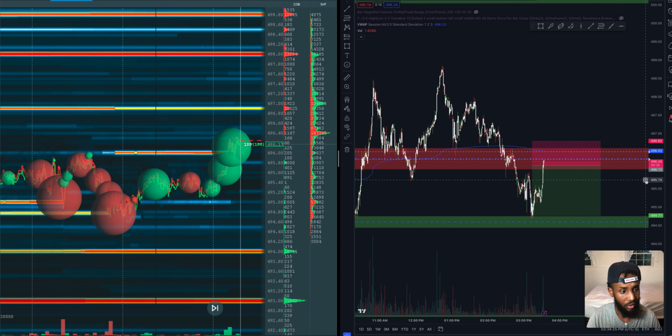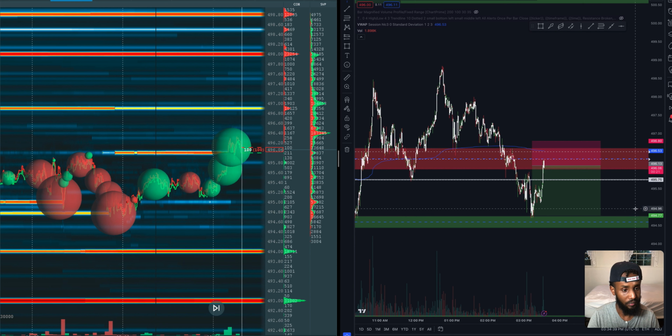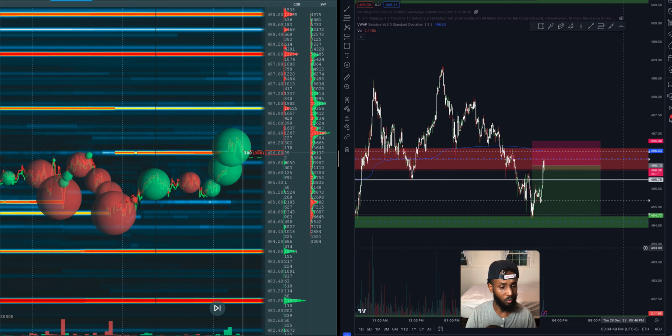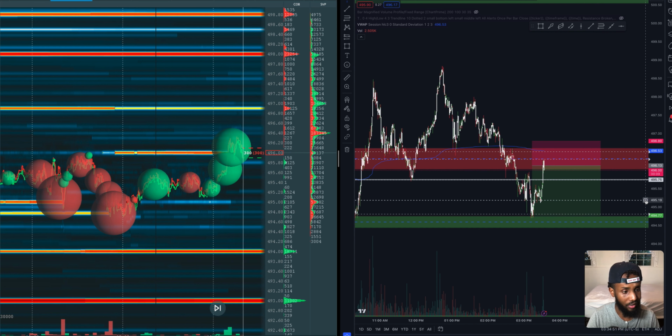There's a few areas I will jot down. We have this area that just worked as a support in the past. We have this area, and then the bottom of the trend, obviously. I'm highlighting these areas simply so we can watch and see if it's finding support at these areas.